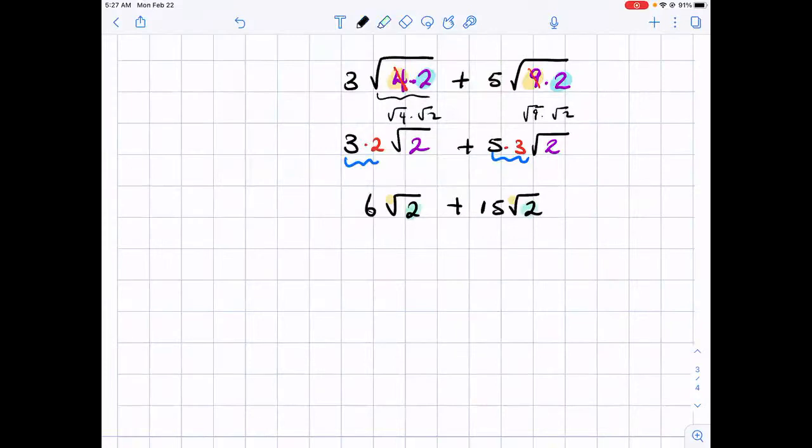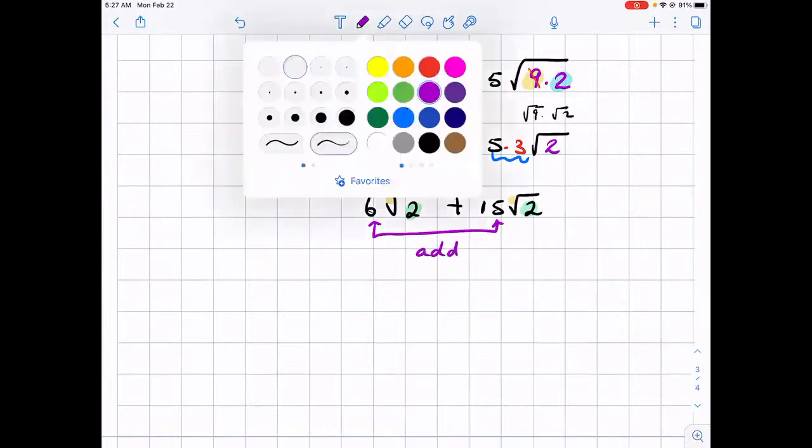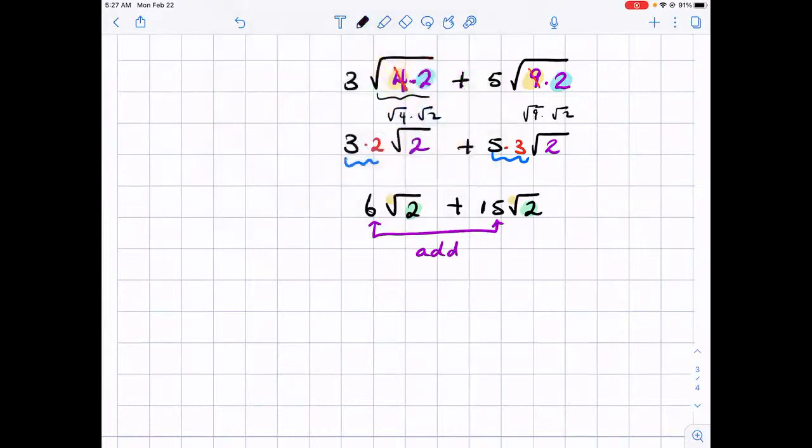So I can add the coefficient now. And if we add our coefficient, 6 plus 15 becomes 21 radical 2. And my radicand here is 2. That cannot be simplified. So here is my final result.